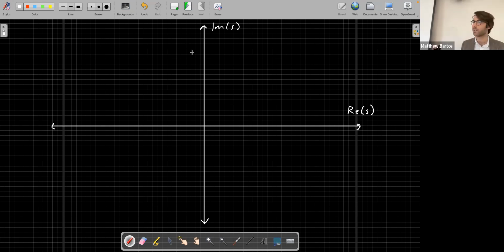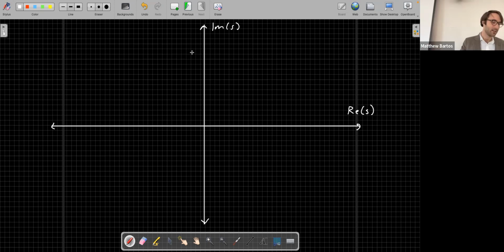Let's look at poles in a couple of different locations. I want you to help me figure out what the response looks like for a pole in that location. So what does the impulse response look like for a pole in a given location? And does that pole lead to a stable or unstable system?